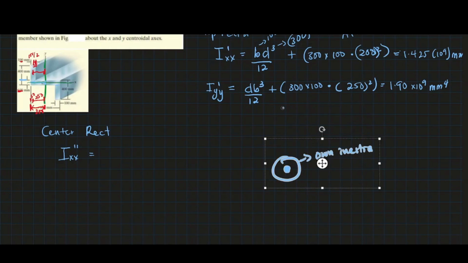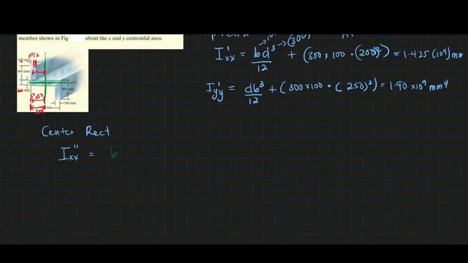For this particular case, the axis of reference is going directly through the center of gravity of this second rectangle. So all we need to solve is its own inertia, which is bd cube over 12, which is simply 600 times 100 cube over 12, which is 50 times 10 to the power 6 mm4.